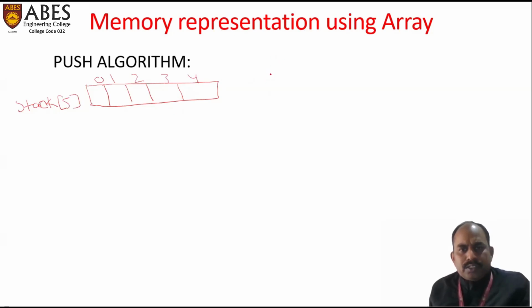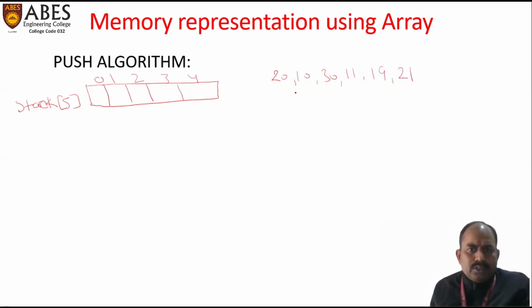We can insert a maximum of 5 elements in this array. Suppose we want to insert some elements like 20, 10, 30, 11, and 19 in this array. So in starting, if the array is empty, at this position we can say the value of top is -1 in the case of array representation.